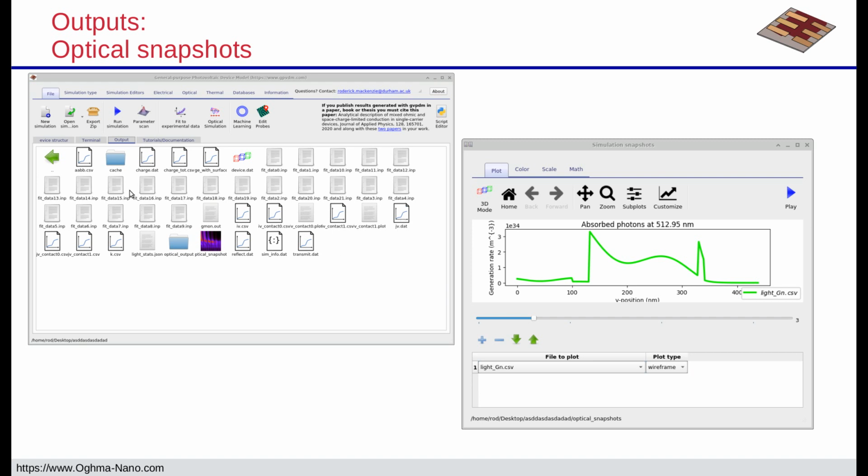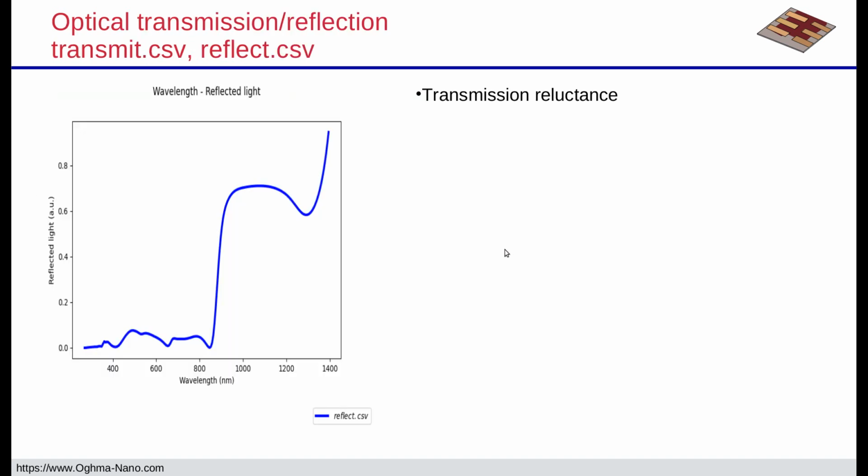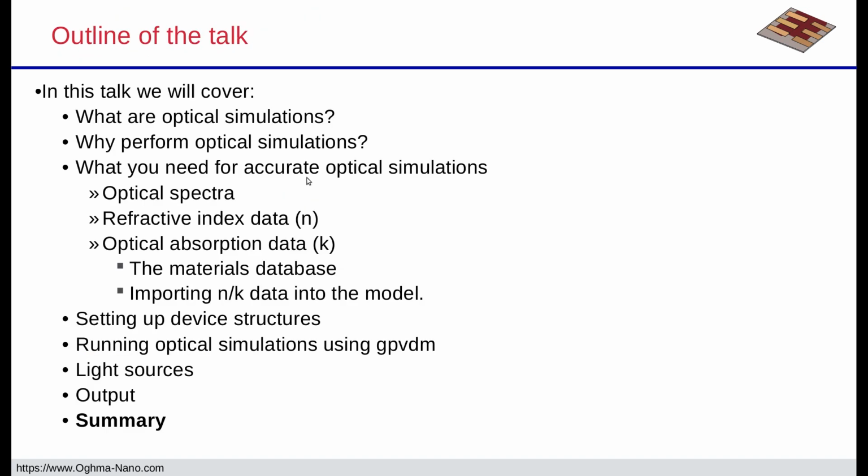It's probably in here. Oh, yes, lightstats.json there. I'm not sure that will open in Augmenano. If you double click on it, you might need to open that with Notepad or something externally. But it looks like this, and it will tell you where light is absorbed in each layer. Finally, there's also this file, transmitted and reflected, where you can look at how much light is transmitted and reflected from the device.